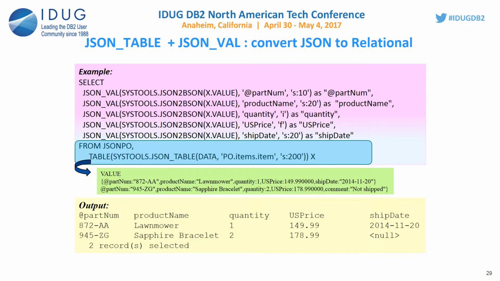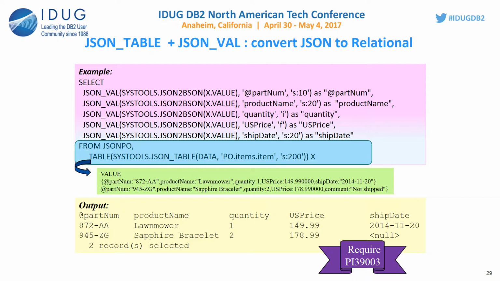For a field that is missing, for example here, the ship date, this returns a null value for you. Is it wonderful? People like this kind of function because they're more familiar with relational things, right? When you can create these in a relational format, they can do their regular thing like this example here. Of course, this one requires the enhancement we talked about because this field is not a column anymore.